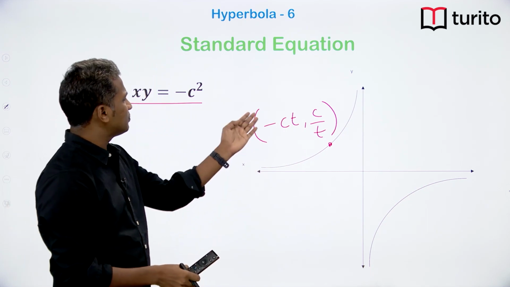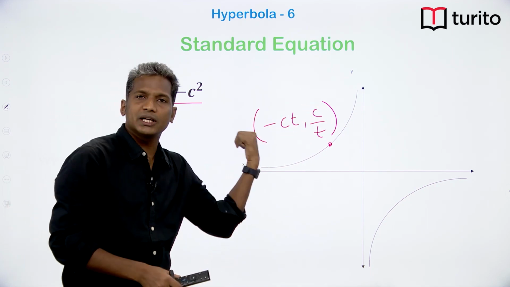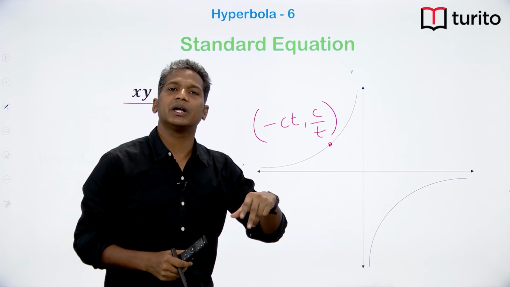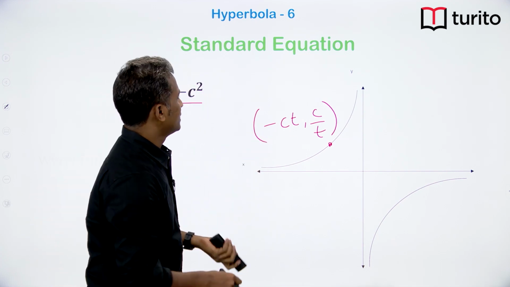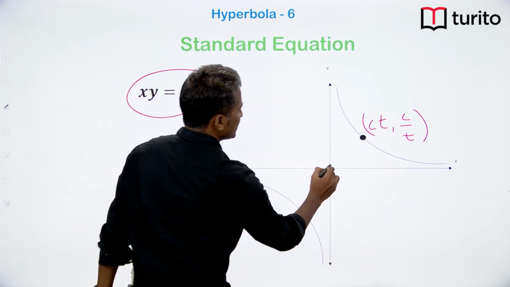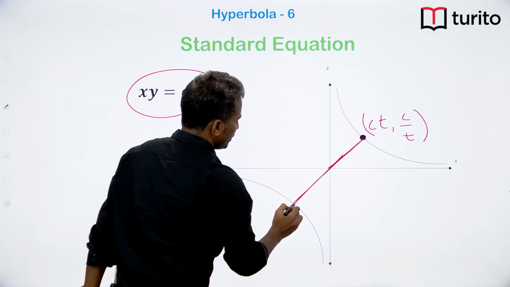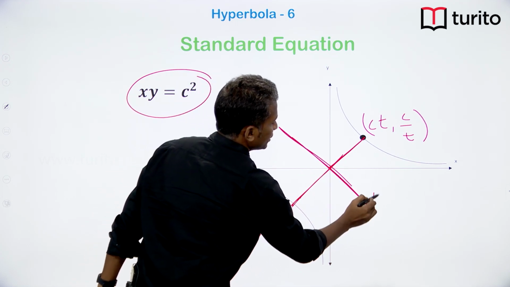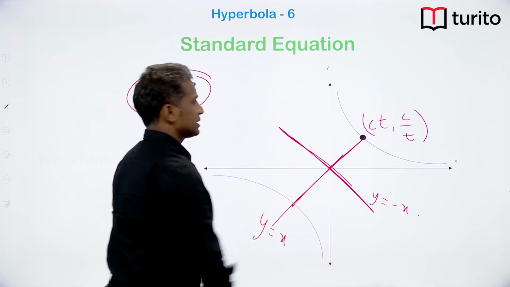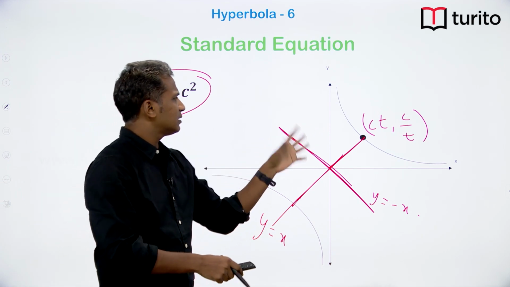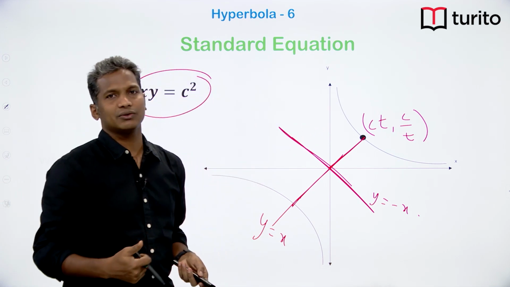Now, you can also put the minus sign on y and put the plus sign on x, it does not matter, because t is the parameter which is going to take care of the sign. Okay. So, these are basic ideas, and also the transverse axis of this curve is going to be the line y equal to x, and the conjugate axis of this curve is going to be the line y equal to minus x. Okay.